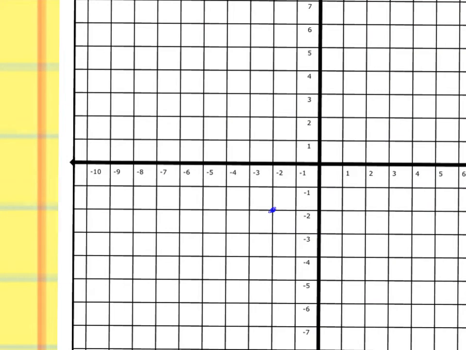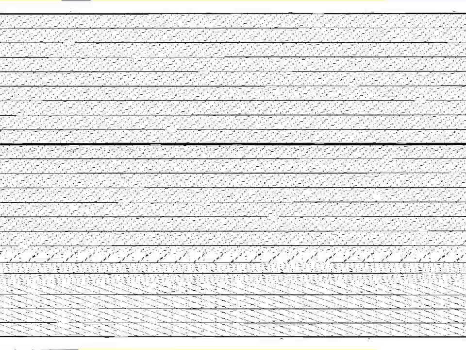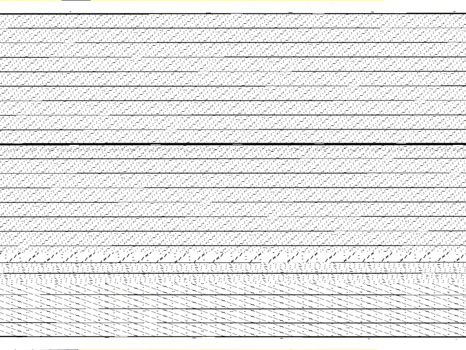Okay, let's look at it this way now. What if I put in f of negative 1.5? What is the greatest integer that is less than or equal to -1.5?